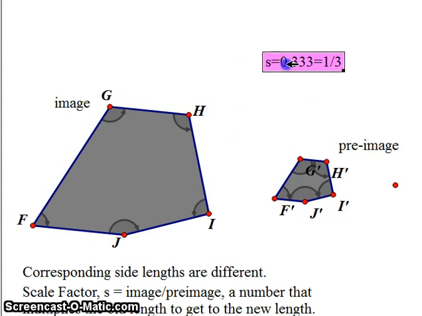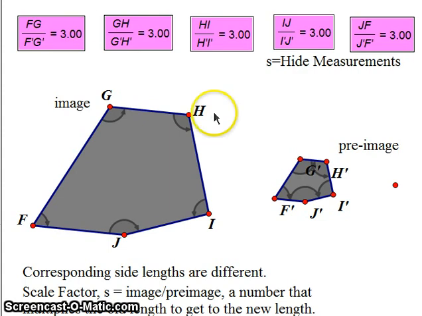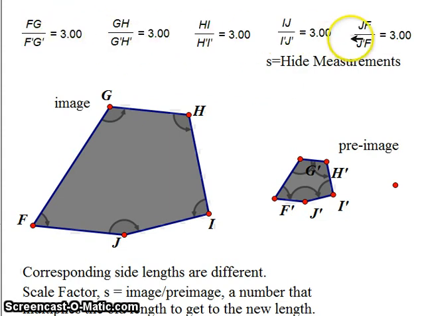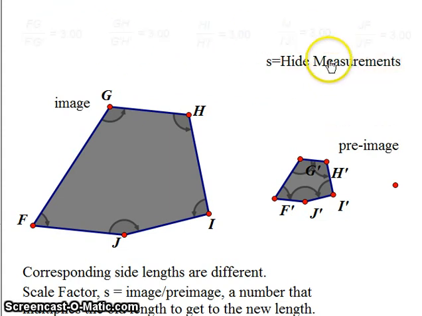Would it be 0.33? No, because 0.33 makes it a smaller figure, and to go from here to here would be a larger figure. So what number do you get when I divide the new by the old? Let's see what it will be. It seems like it's going to be 3, which makes sense.